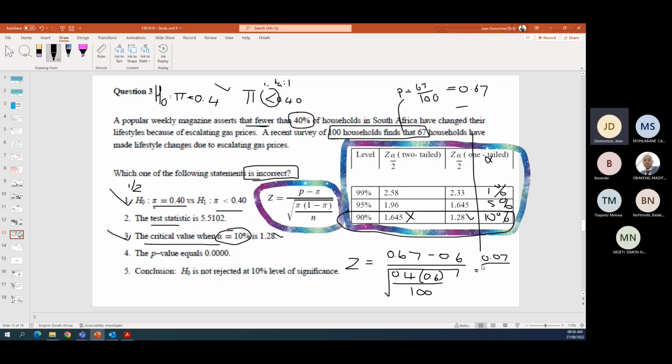At the bottom, let's quickly work it out. So it is 0.4 times 0.6 divided by 100, and the square root of that would have given us 0.049. So if we divide that by that, why do I again get a different answer?